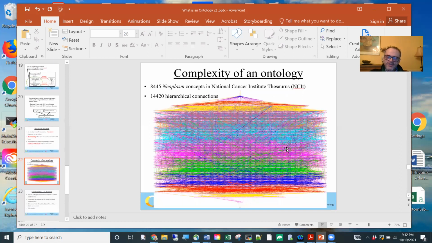So just to give you the message in a visual way, what you see here is a piece of an ontology called the National Cancer Institute Thesaurus.